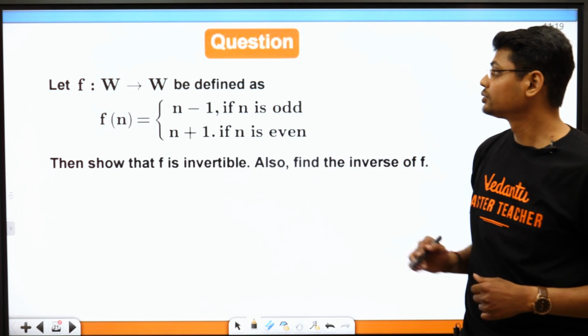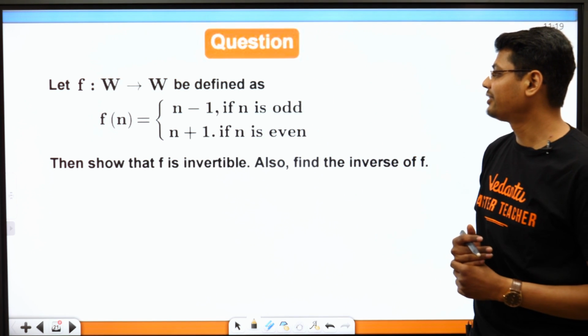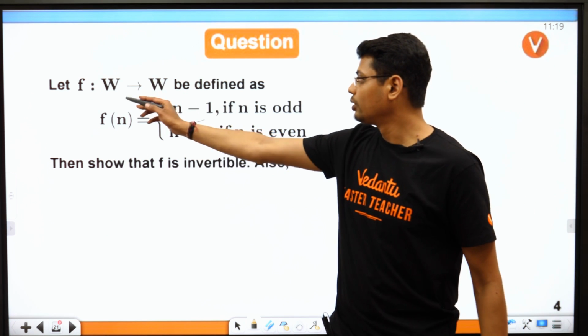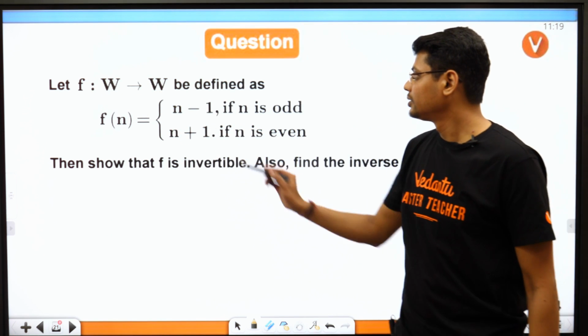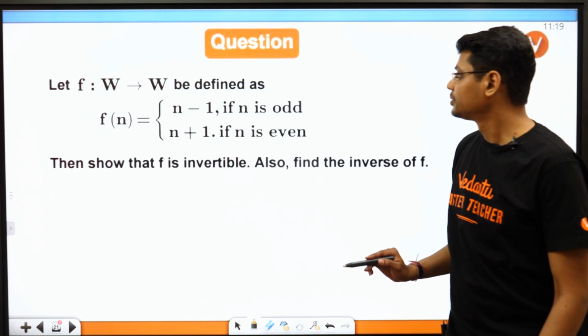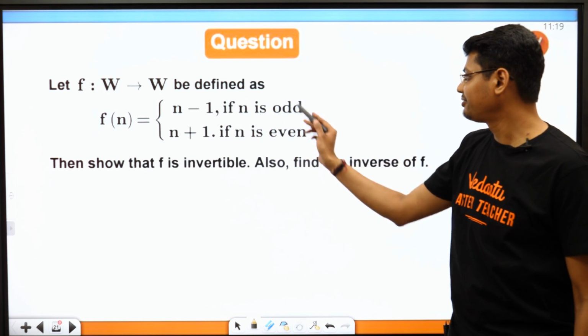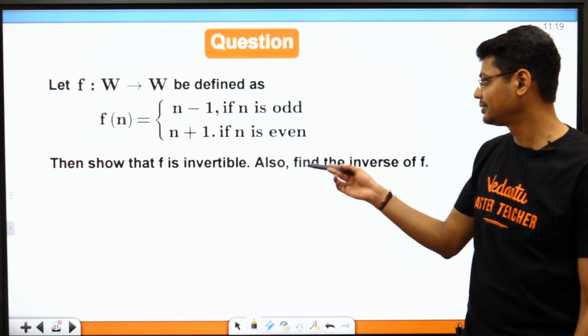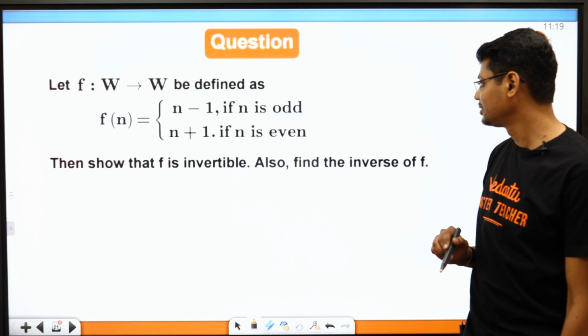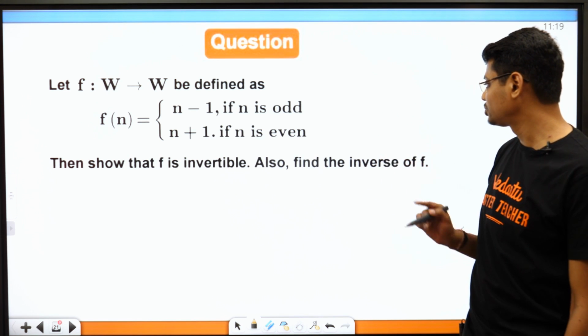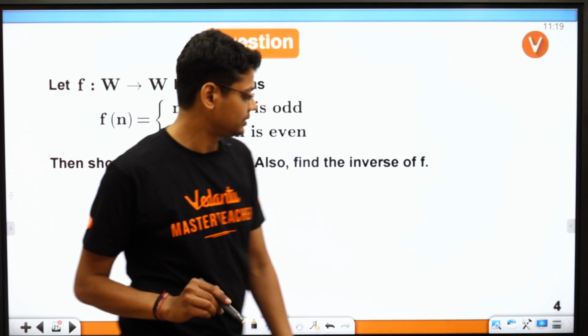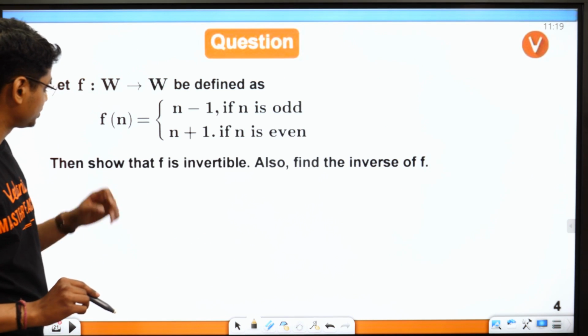All right, so a function has been defined from whole numbers to whole numbers. This is the definition of the function, and we have to show that this function f is invertible. Also, we have been asked to find the inverse of the function. So this is a typical 4-mark question.